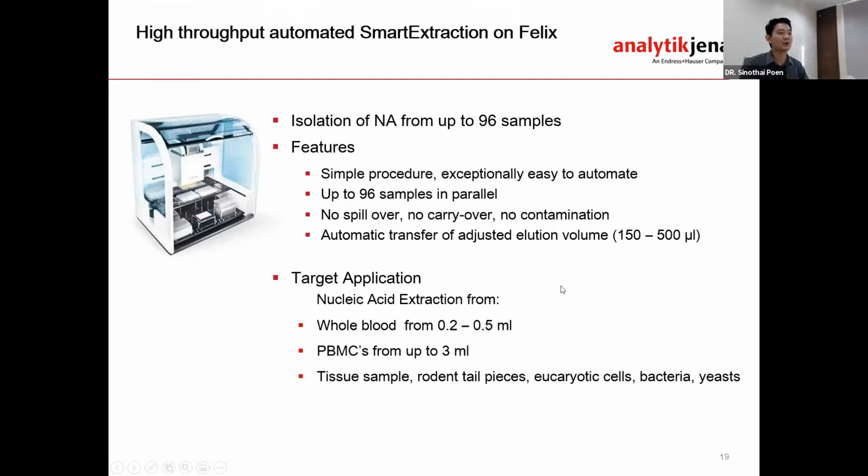And the elution volume can be adjusted as desired within the range of 150 to 500 microliters. And now we are targeting high throughput nucleic acid extraction from whole blood, PBMC, tissue samples, rodent tail pieces, eukaryotic cells, bacteria, and yeast.